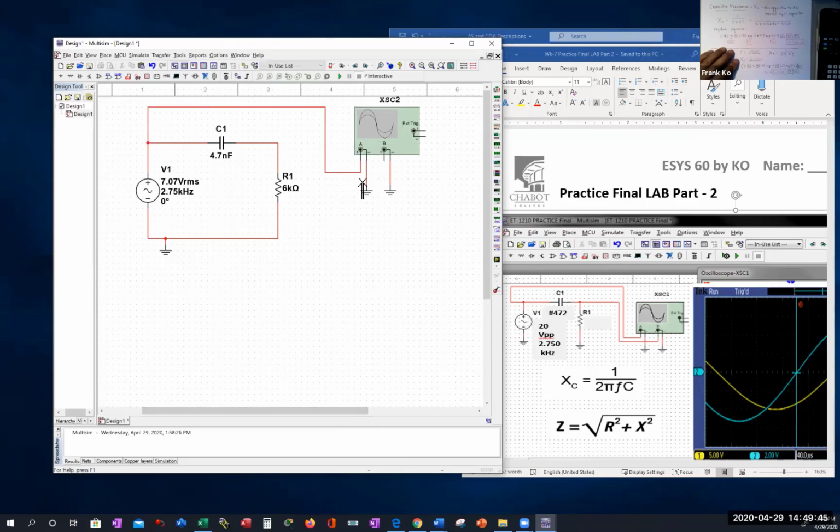Now I have from the positive side of channel A of the oscope a wire that goes all the way to the top of my voltage source. And that mimics this wire connection in my lab. Channel B is going to come from the positive side of channel B of the oscope around here to the top of the resistor.